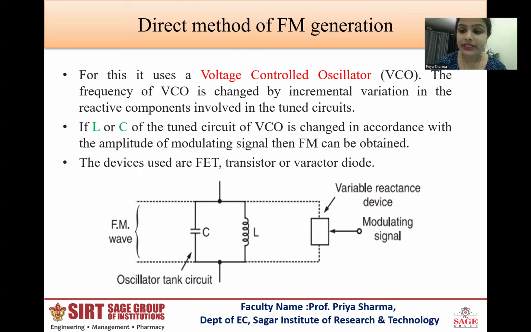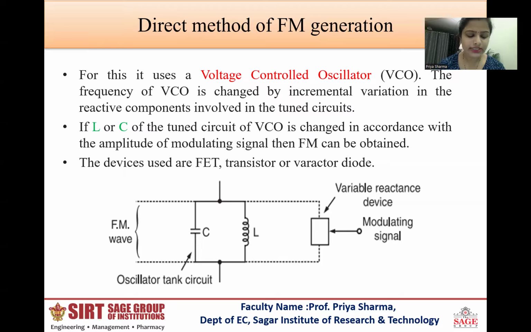A 2 or 3 terminal device is placed across the tuned circuit. This is very clear from this diagram, students. The reactance of the device is proportional to the modulating signal voltage, and this will vary the frequency of the oscillator to produce the frequency modulated wave. The devices used for this are FET, transistor, varactor diode, or any other device.